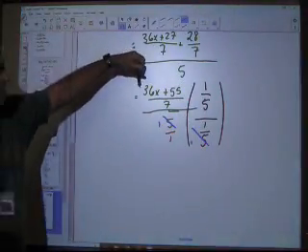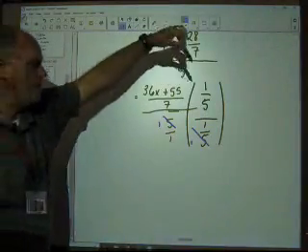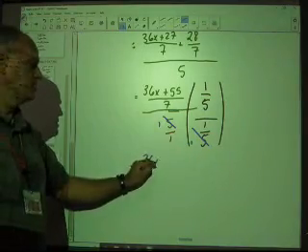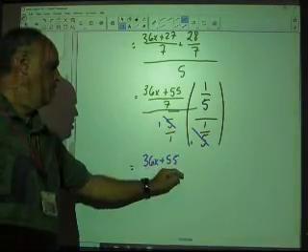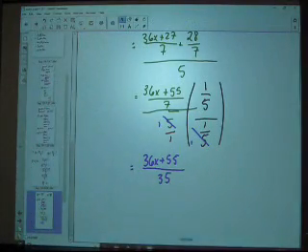And now I get to take this numerator times 1 and this denominator times 5 and have an equivalent answer of 36x plus 55 over 35. There is nothing common. There is nothing to cancel. That's it. I'm done. This is what it looks like if your fractions don't cancel out as you go along. Still be done.